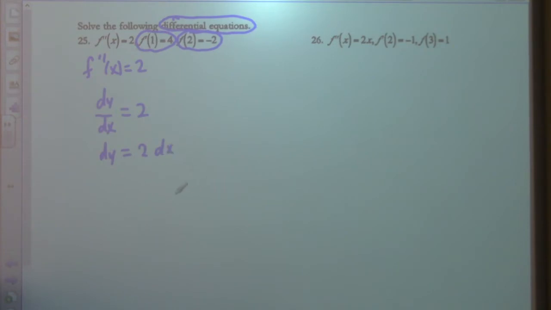What's next after that? Yeah, these are called integrals right here. So now if we do that, what do we have on the left side now? Y. And on the right side we have 2x plus c.